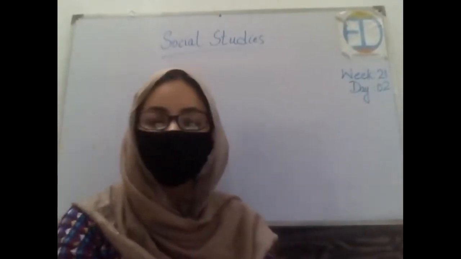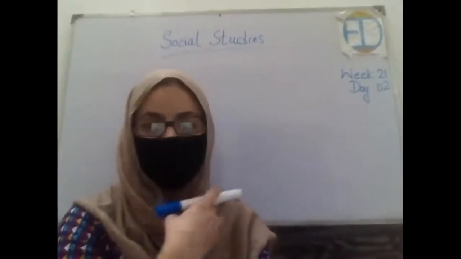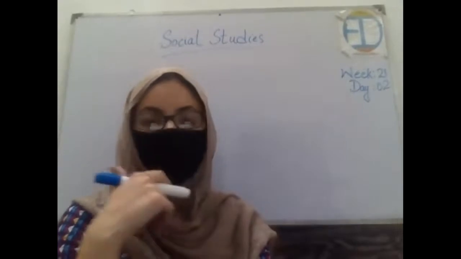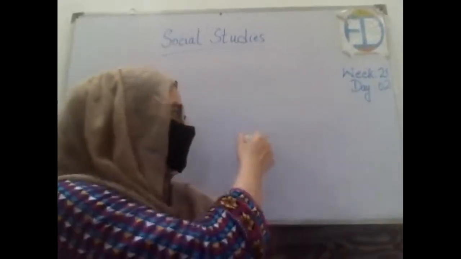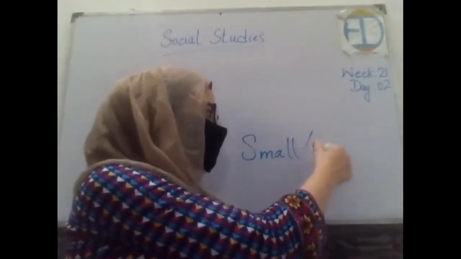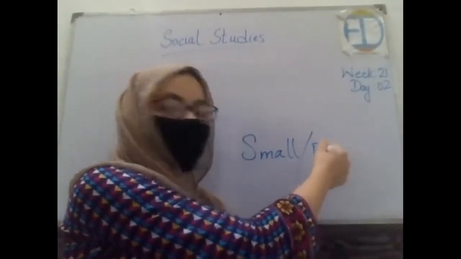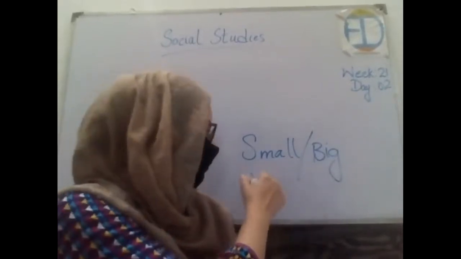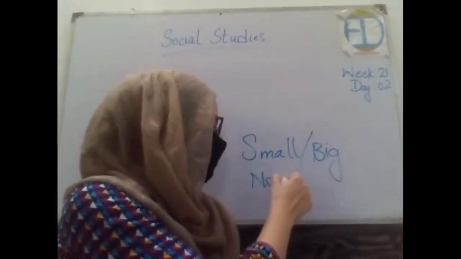Then we also discussed different types of neighborhood. Can somebody name them? Very good. The first was the difference between small and big neighborhood. What was the next type? Noisy and peaceful.